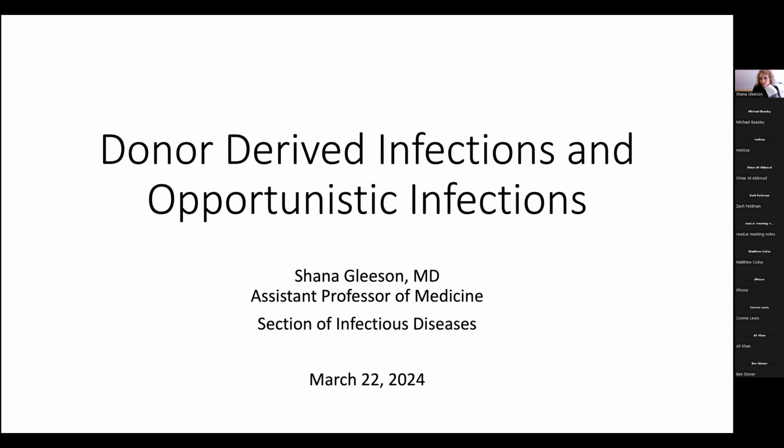For today, I'm very happy to introduce Dr. Shana Gleeson. Dr. Gleeson is an assistant professor of medicine at the Yale School of Medicine in the section of infectious disease.